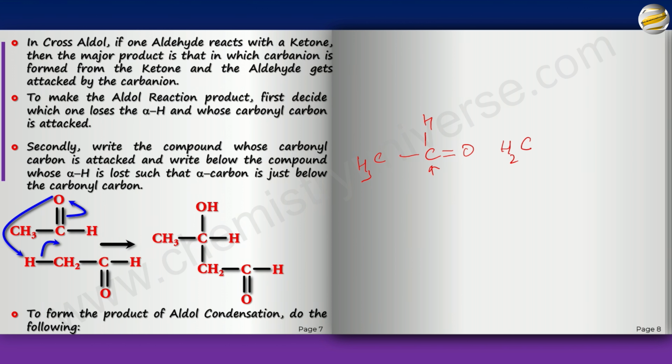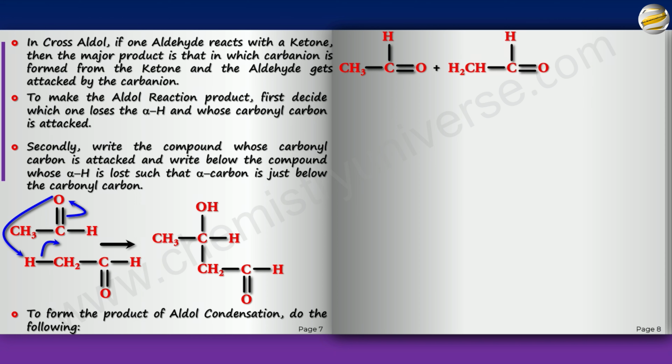And of course, it's going to be a CH3, but write the third H separately. Now all you have to do is lose water like this and join the two carbons by the double bond. Here I'll show you. This is the O, and this is the 2H facing the O. Remove this water and join the two carbons by a double bond.